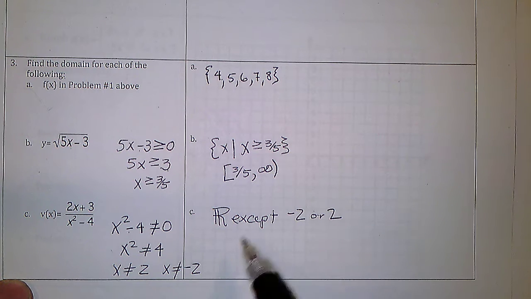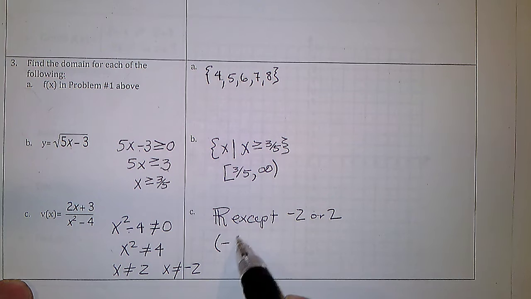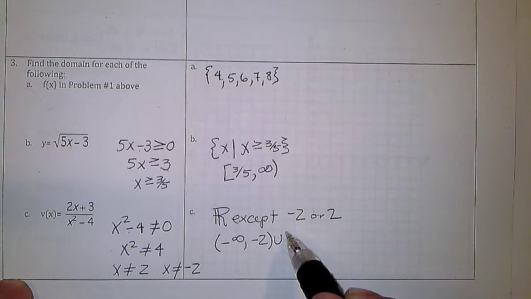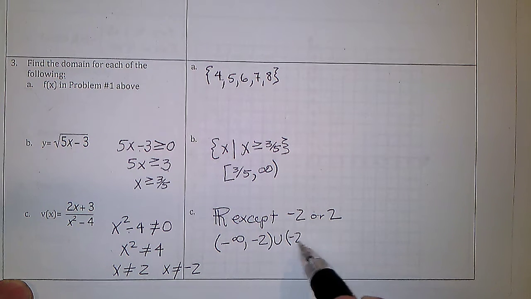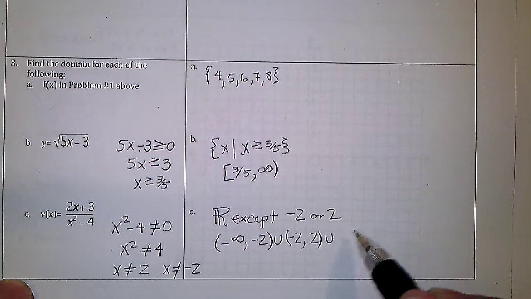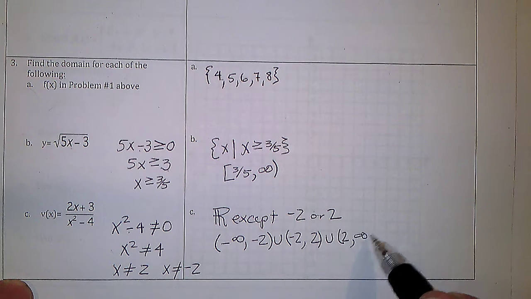If I did it in interval notation, it can go from -infinity up to -2, but not including it. Union from -2, but not including it, up to 2, not including it. Union from 2, not including it, to infinity.